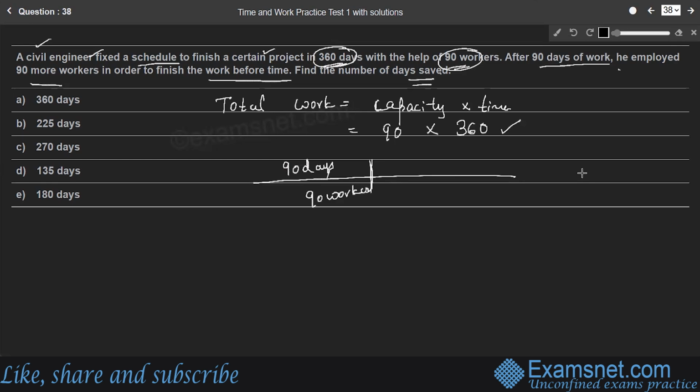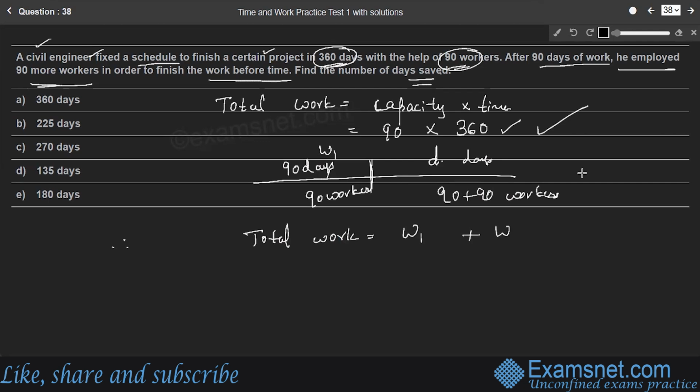After 90 days, he employed 90 more workers. That means 90 plus 90, 180 workers start working. They work for how many days? D number of days to complete this work, 90 into 360 units of work. Therefore, we can write total work as first part of the work W1 plus second part of the work W2.